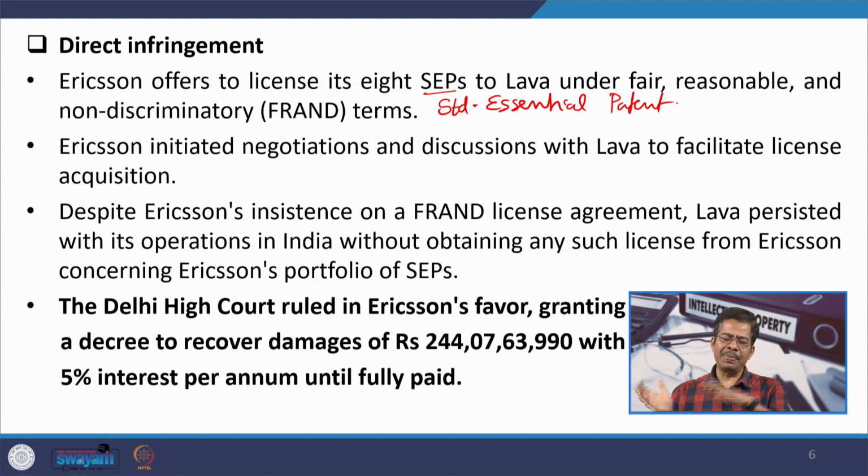And all those patents which are actually helping organizations to achieve those minimum standards are known as SEP, Standard Essential Patents. So, this term is more popular in the field of mobile communication, in the field of IoT, etc., where you have so much requirement of standardization.